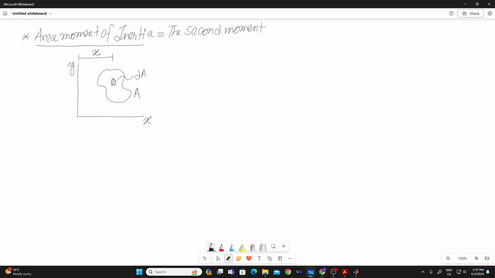So the distance from y-axis is x, and the distance from x-axis is y, and I have chosen the first quadrant to show this, but the geometry could be in any quadrant or could be spanning over all the four quadrants in general. So these are the coordinates x and y of that differential area, or you can say these are the distances from the x and y axis.